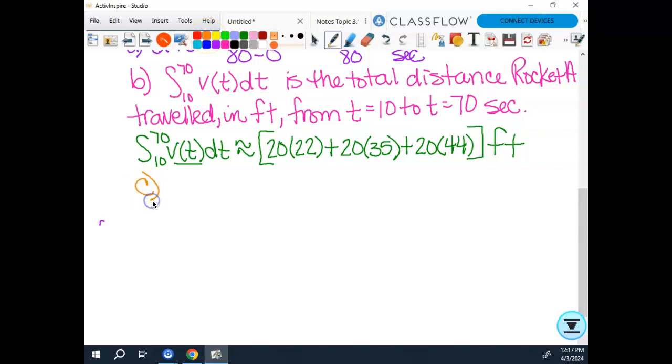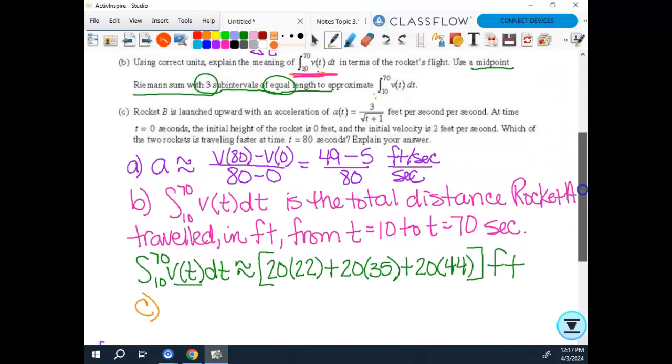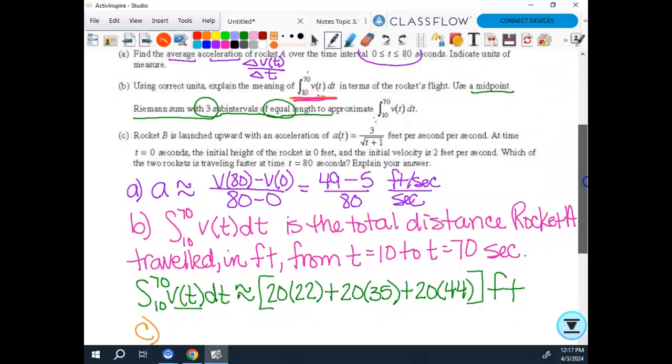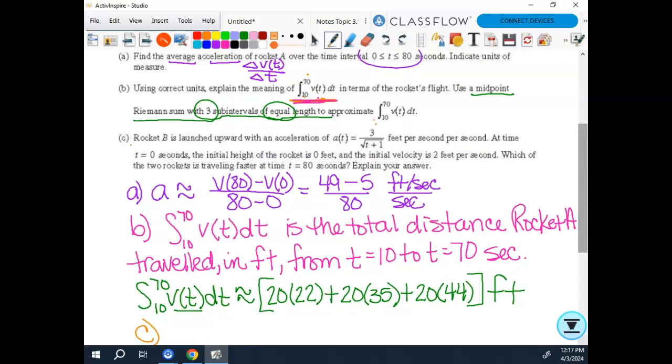Okay, so then we have C. Let's go back up here and read C. Rocket B, which is different than rocket A, launched upward at this acceleration, and it says feet per second, so we got some units there. At time t equals 0, the initial height of the rocket is 0 feet. The initial velocity is 2 feet per second.